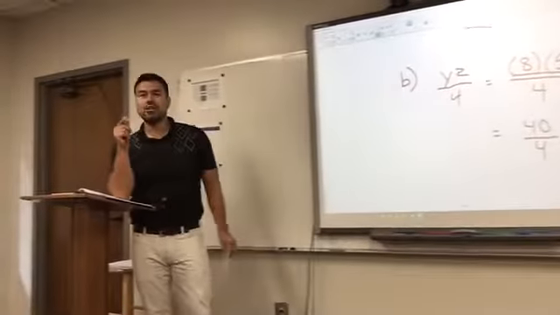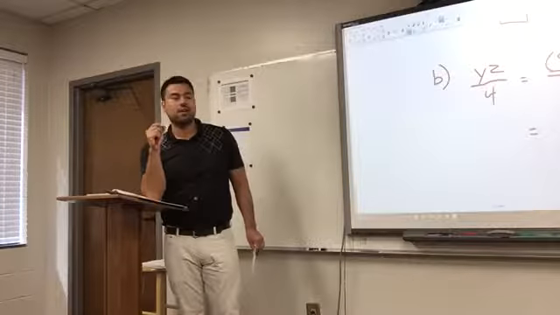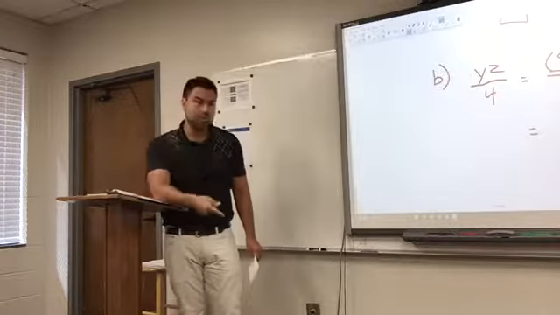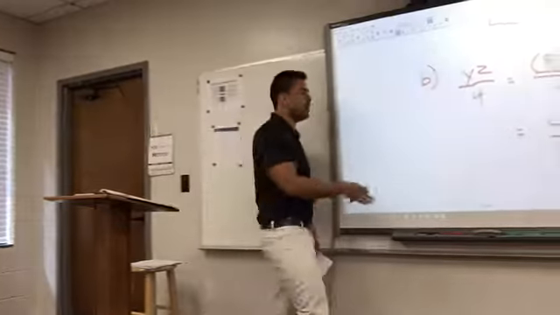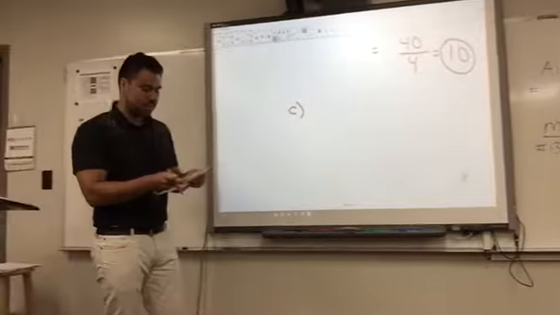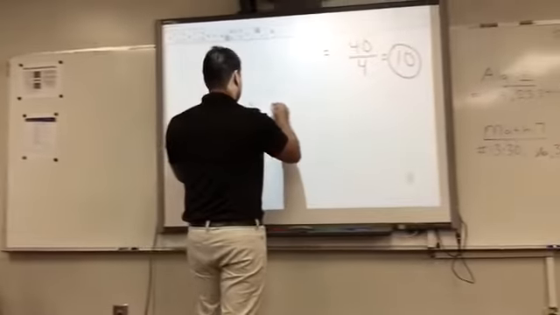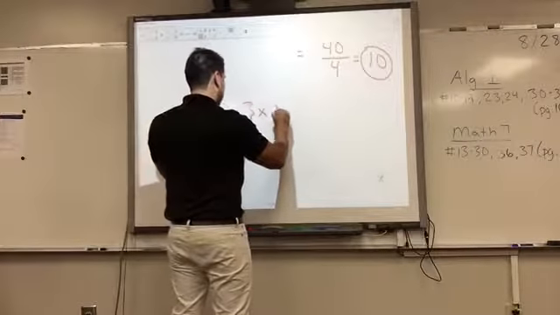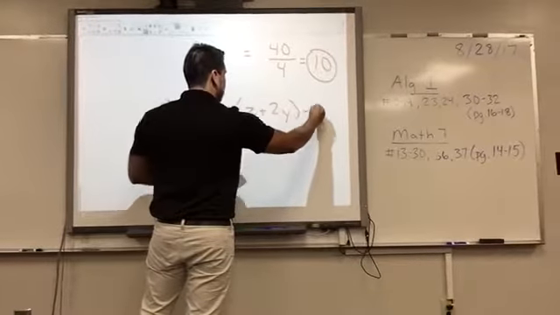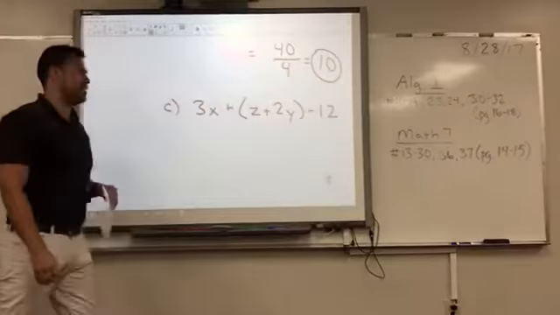What's going to really get you is if you're going too fast, you don't write the correct operation, or you write the incorrect number, that throws you off. That'll throw anybody off. All right, C, last one on this example. 3x plus parentheses z plus 2y minus 12. Uh-oh.